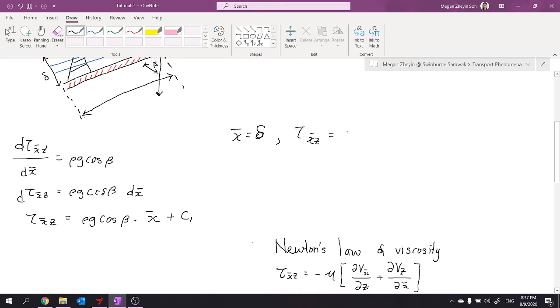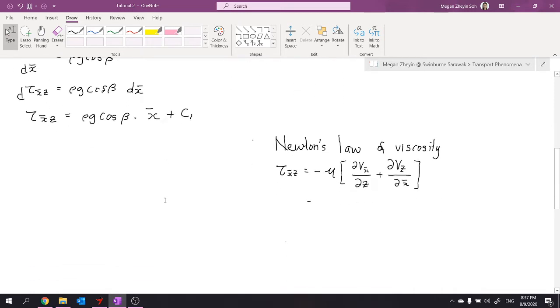We substitute the boundary condition into the equation. We get 0 equals rho g cos beta times delta plus C1. Therefore, C1 is equal to negative rho g cos beta times delta.